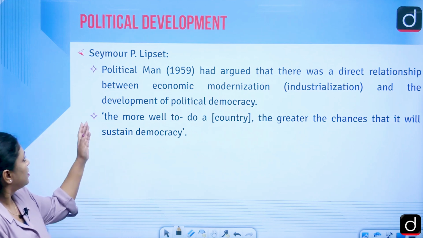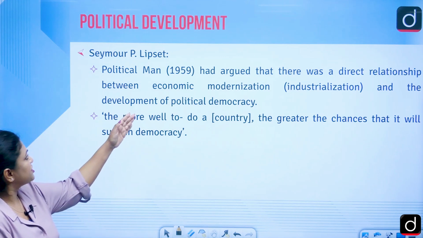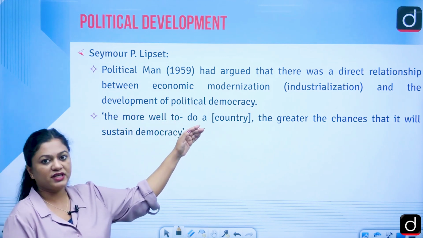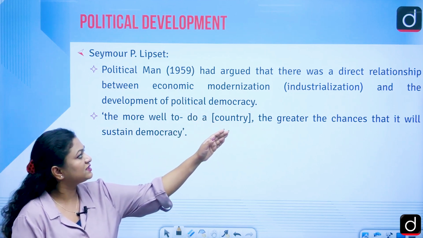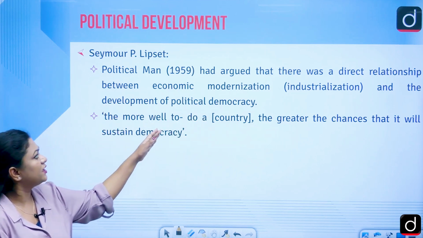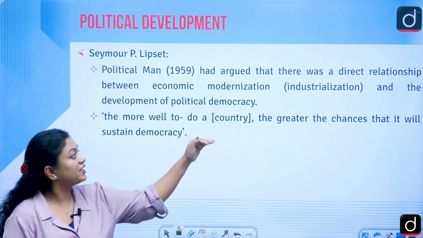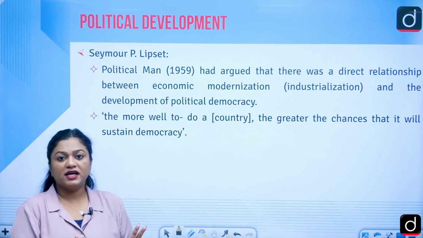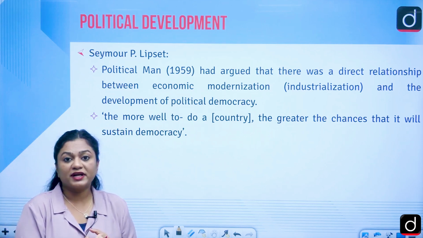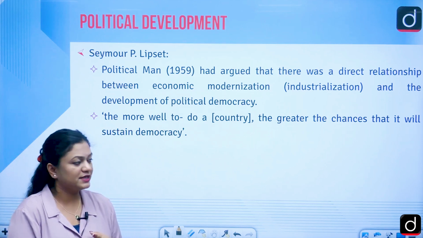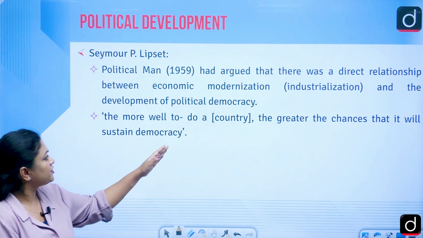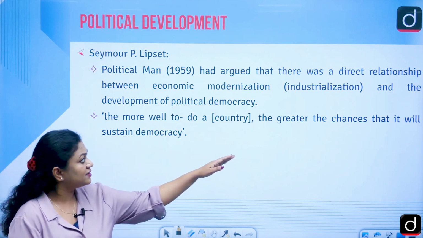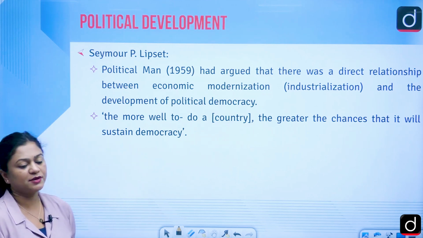His famous book Political Man, published in 1959, argued that there was a direct relationship between economic modernization and the development of political democracy. He linked economic modernization with political democracy. The more well-to-do a country, the greater the chances that it will sustain democracy.